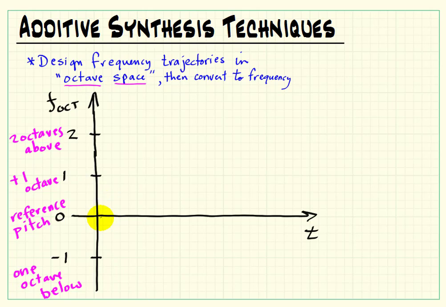So you might say, I want to start at a reference pitch and perhaps do something that sounds somewhat like a chromatic scale going up 1 octave, maybe a little bit quicker up to the next octave. You can do really whatever curve you like, even things like partial octaves, and so on. So you kind of trace out how you want the ear to perceive that signal.